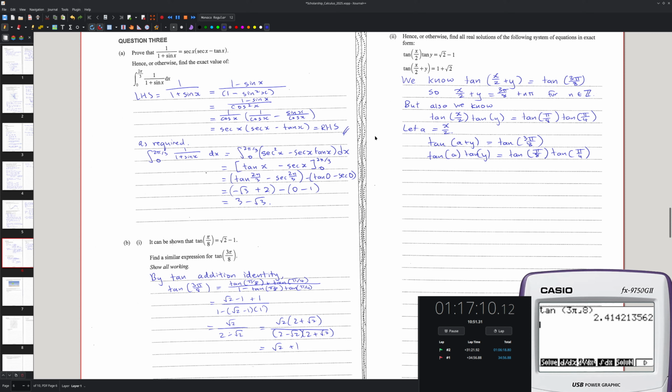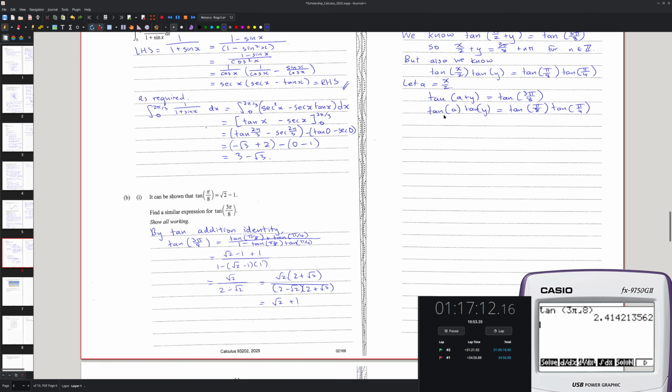Right? Okay, so what I'm thinking is, if 0 is less than or equal to a, y less than or equal to pi on 2, then tan is increasing, so the solution is unique.